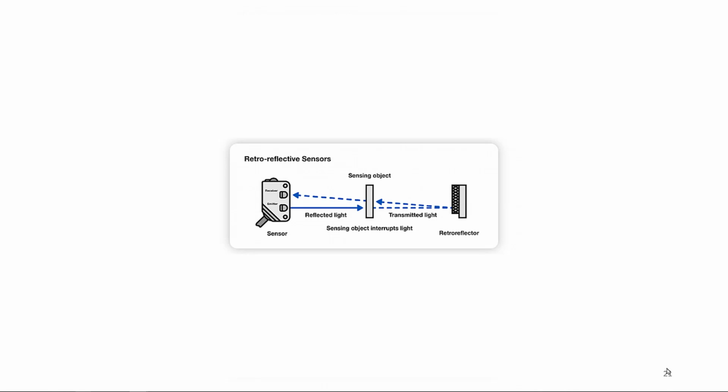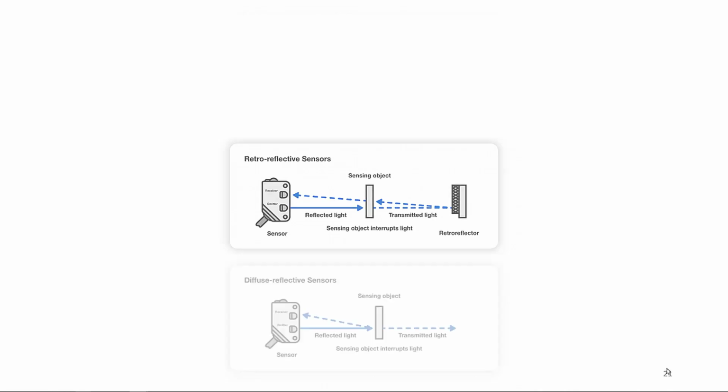To make this more effective, the reflective surface of that reflector may be mechanically altered in a way that the receiver part of the sensor can discern between light reflected from the reflector and light from some other source in the room. This is retroreflective. So you have to position the sensor and the reflector appropriately so it works when you pass the object by.